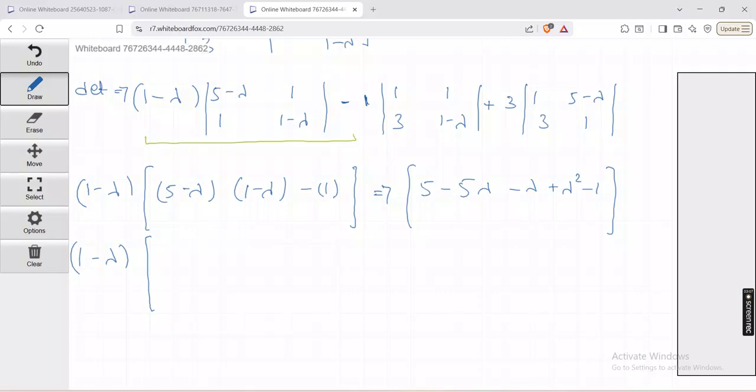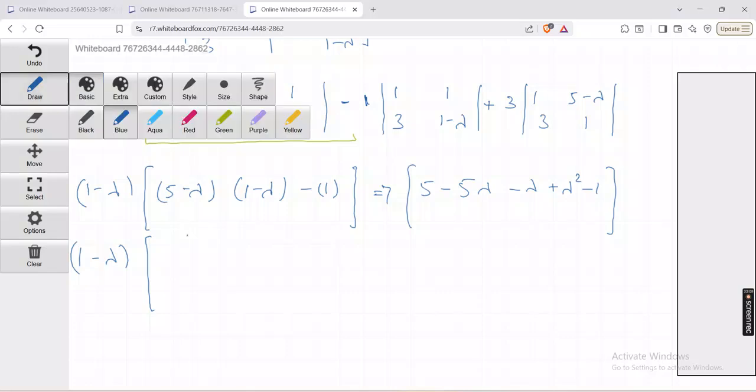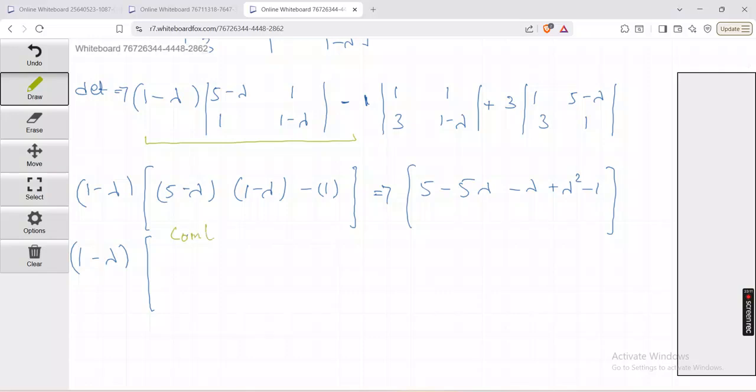Here we combine the like terms, I mean like numbers, such as 5 and 1. So you will get 5 minus 6 lambda plus lambda square minus 1.